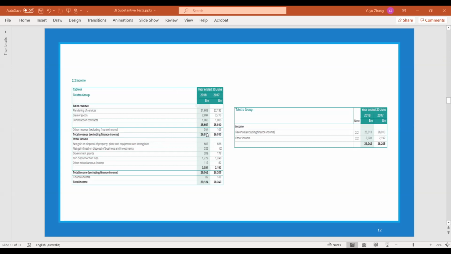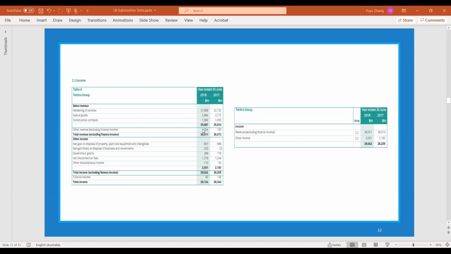So compared to the total income, it's not a very big jump, but for this account itself, the jump has been 3 times. So as an auditor, I would ask, so why? What happened to get such a great increase in other revenues? What has been included in this other revenue? And I would get the explanation from management for that.